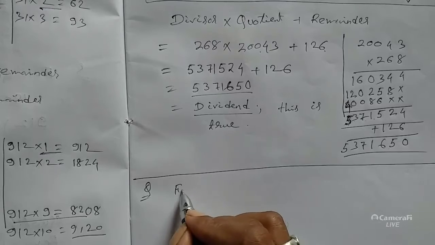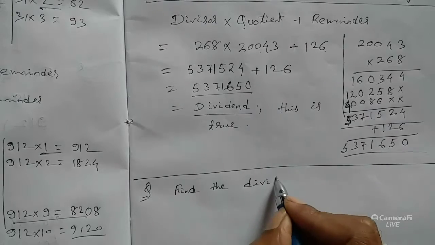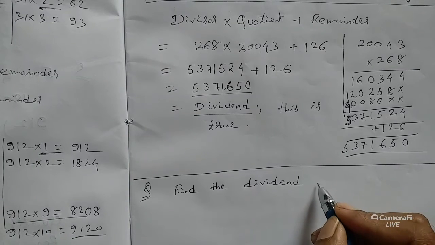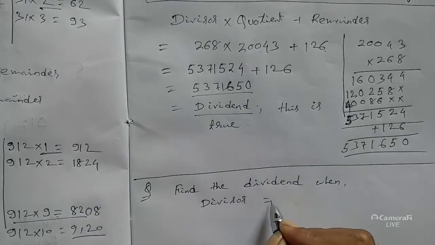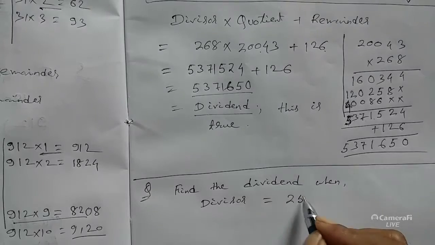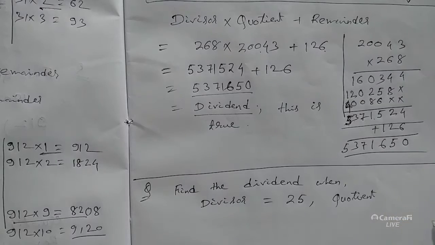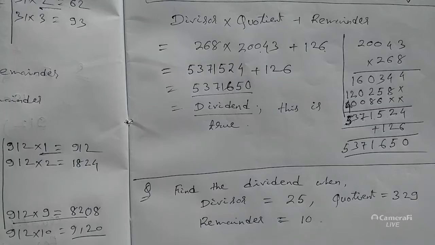Question is, find the dividend when divisor equal to suppose 25, quotient is equal to 329, remainder equal to suppose 10. You have to calculate the dividend.